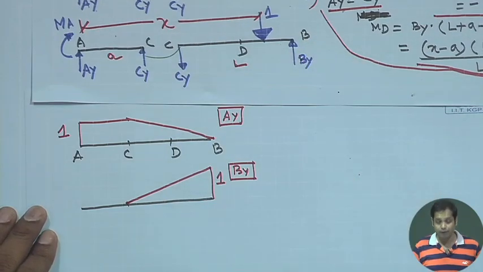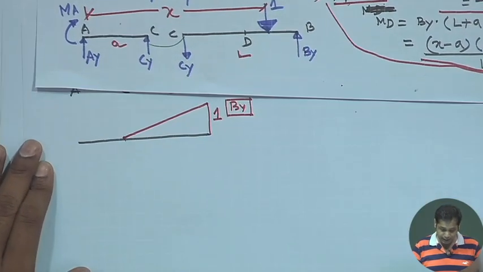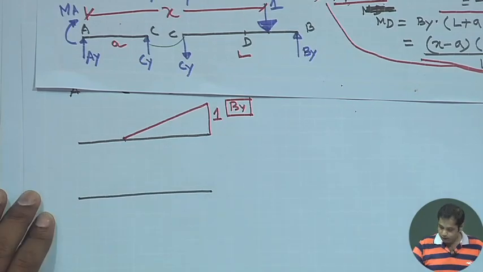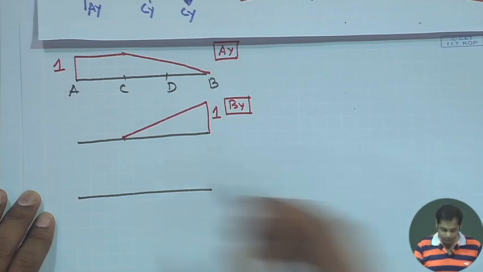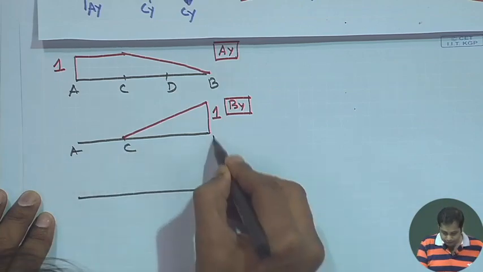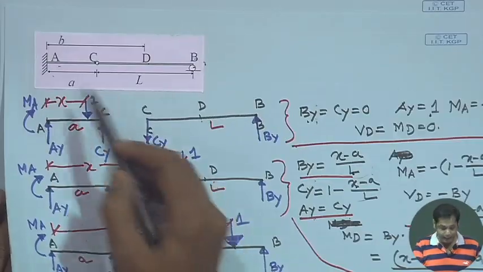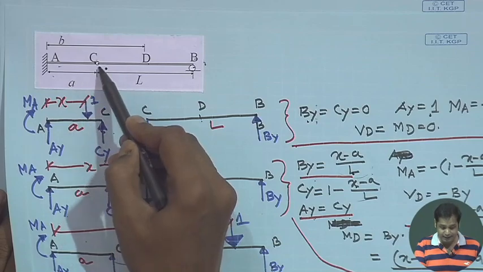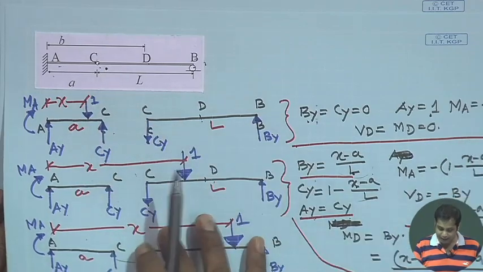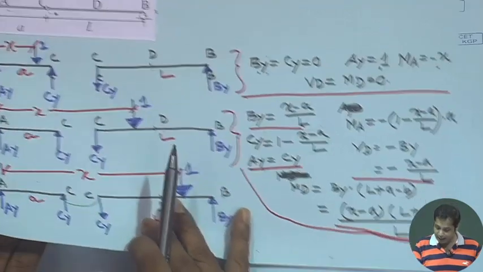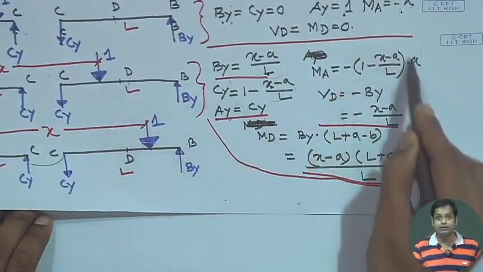Let us draw it for another support reaction, means Ma. This is again A, C, B. Now, what is Ma? Ma is minus x between A and C. So, at C this value becomes minus A, and then when the unit load is between C and D, Ma varies with this expression. Okay.